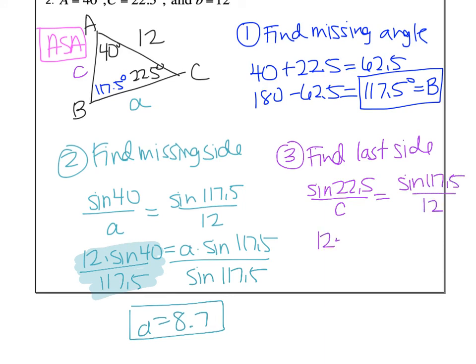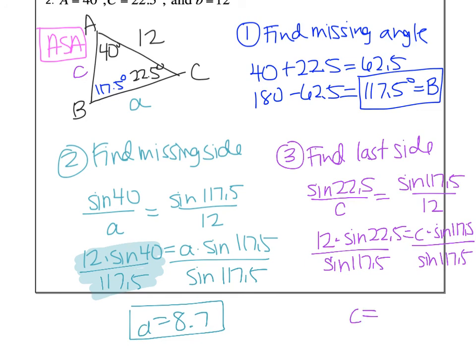Cross multiply. 12 times the sine of 22.5 is equal to c times the sine of 117.5. To get c by itself, we have to divide that sine to the other side. Divide by sine 117.5. And c is going to equal, whoops, wrong button. Type this in your calculator, and you should get that c equals 5.2.